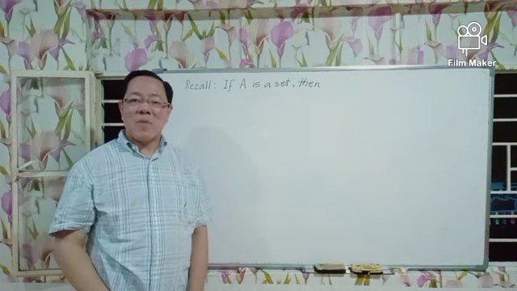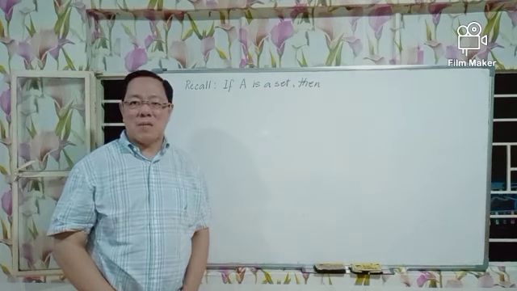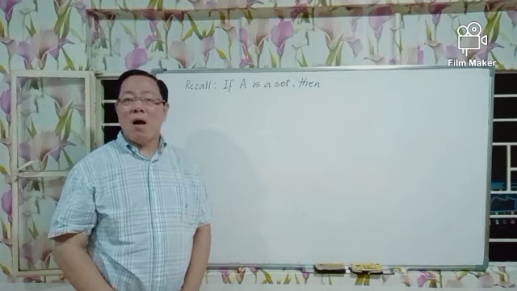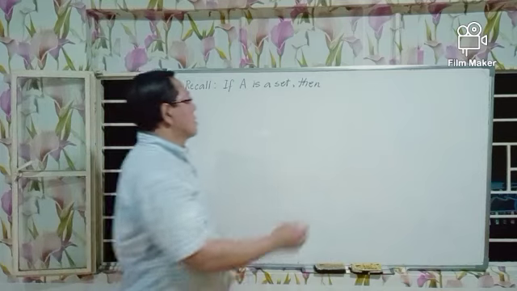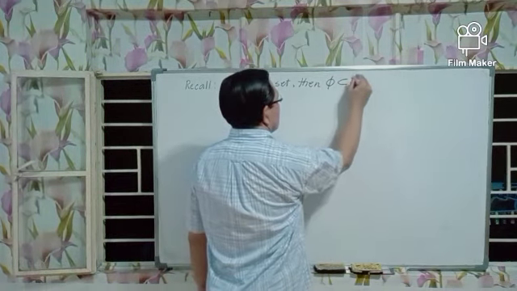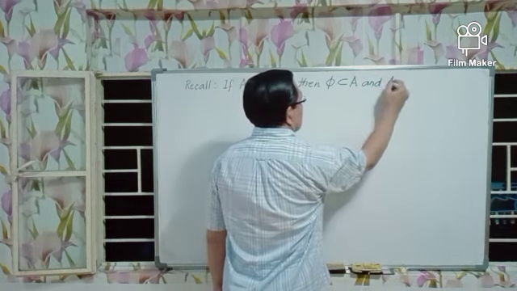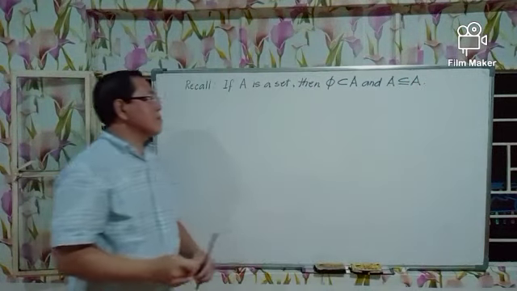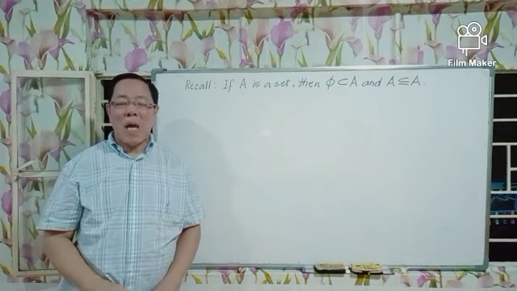And the empty set is, by definition, always a subset of every set. Thus, if A is any set, two subsets of A are A itself and the null set or empty set. And we have a similar property in group and subgroup.